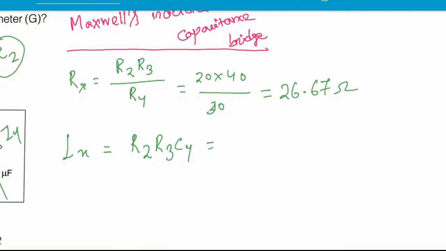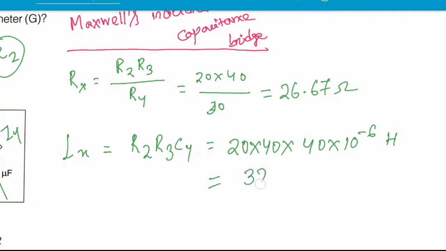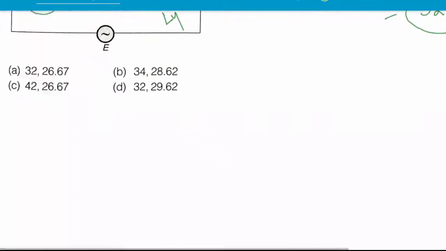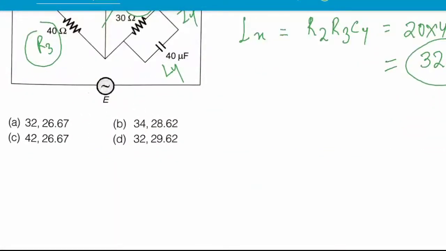I have remembered the formula. This will be 20 into 40 into 40 into 10 to the power minus 6 Henry. So this will be around 32 millihenry. So here the answers are 32 millihenry and 26.67. This is option A, the correct answer.